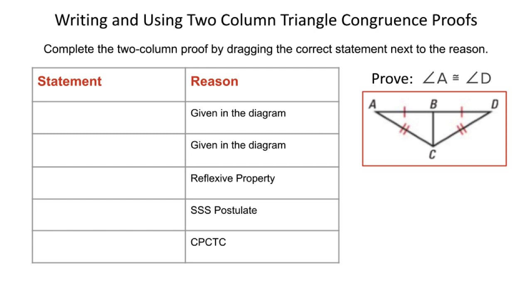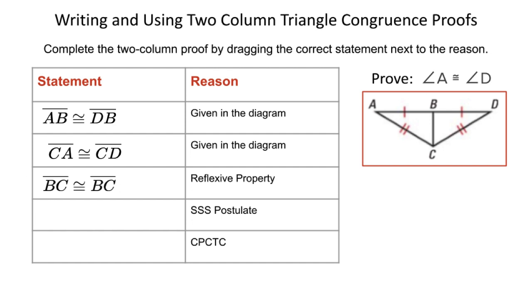We always start with the given information, and I'll say that side AB is congruent to side DB. Also given in the diagram, side CA is congruent to side CD. These two triangles share side BC. So by the reflexive property, we can say that BC is congruent to itself. Now we have three sides in the first triangle congruent to three sides in the second triangle.